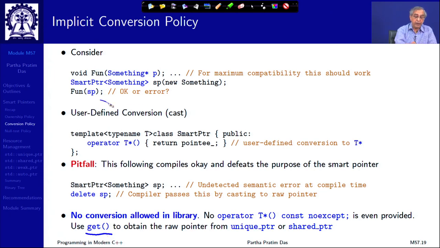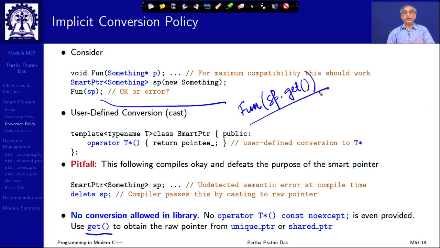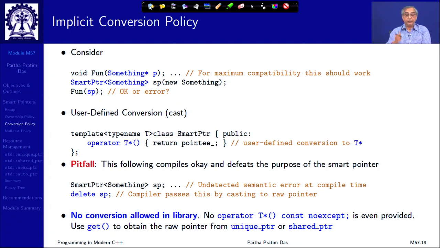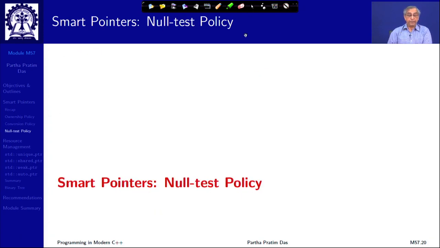So, if you have to call this, you will have to write fun(sp.get()), and that will get you the raw pointer. Of course, this is much less cumbersome looking and less typing compared to the static cast, right. So, this is what is available for the unique pointer and the shared pointer.